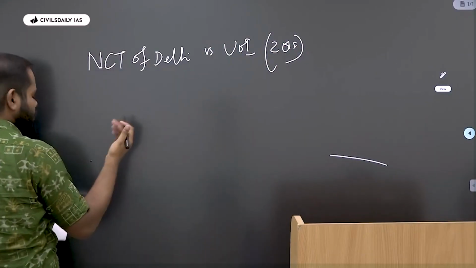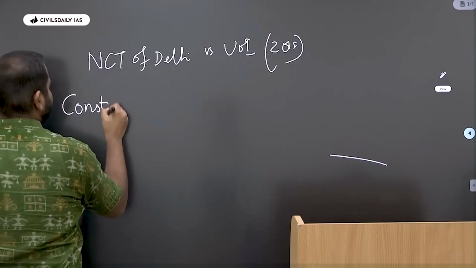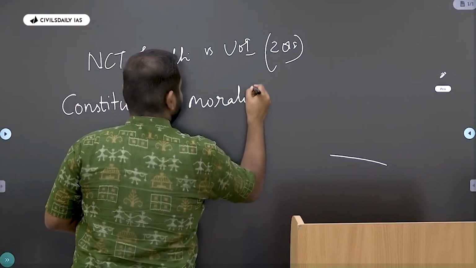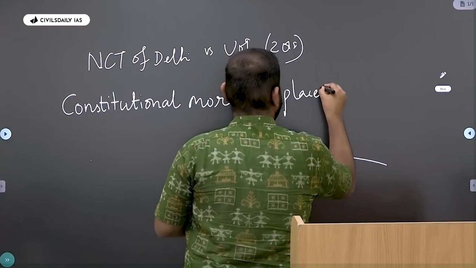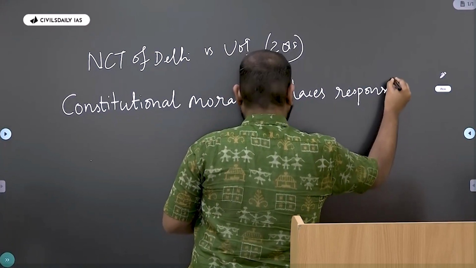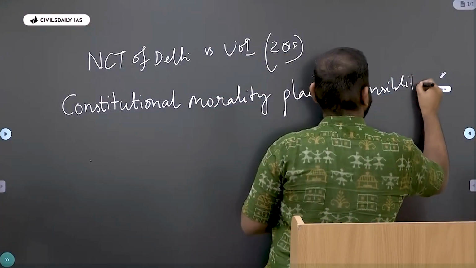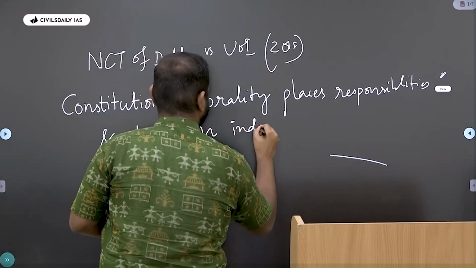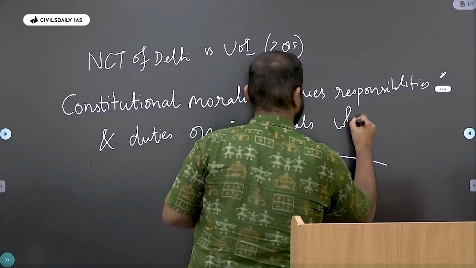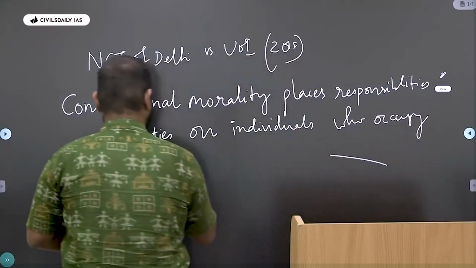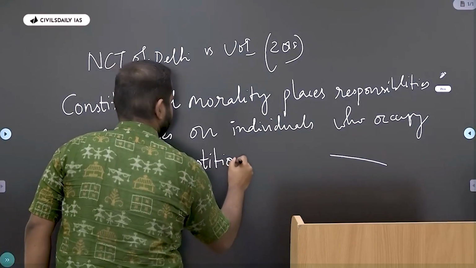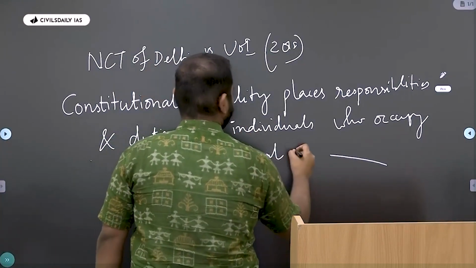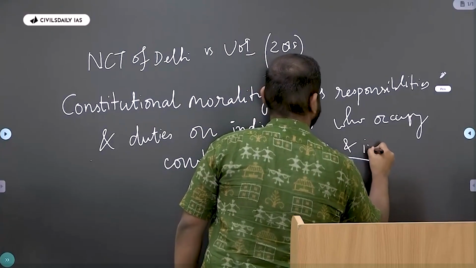This is a conclusion that you can put in a lot of places, where it says that constitutional morality places responsibilities and duties on individuals who occupy constitutional offices and institutions.